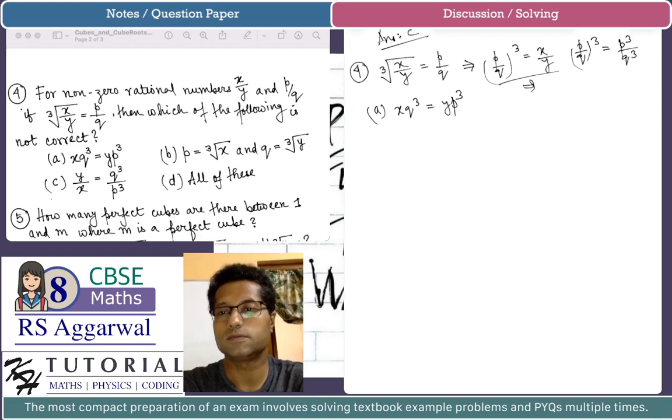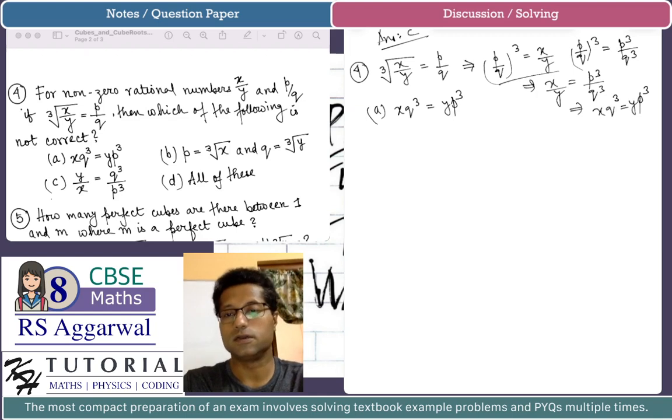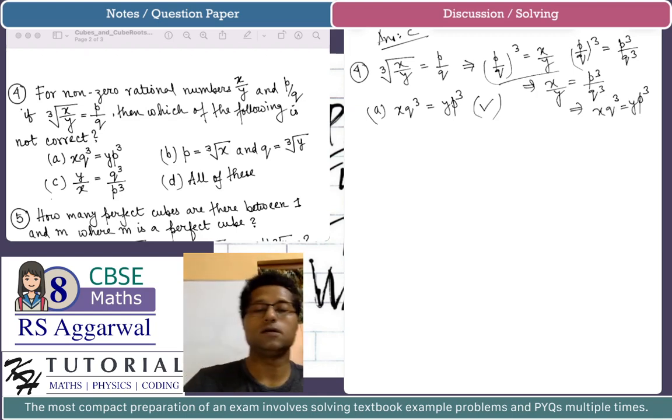So this implies x by y is equal to p cube by q cube. By cross multiplication we get x cube is equal to y p cube. So choice A is a correct choice.